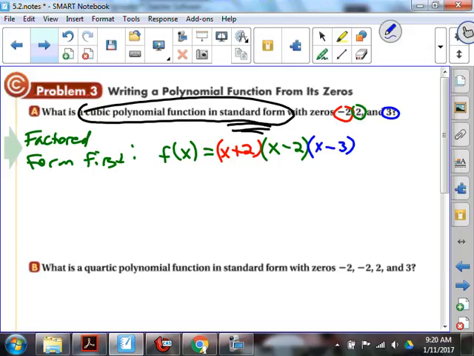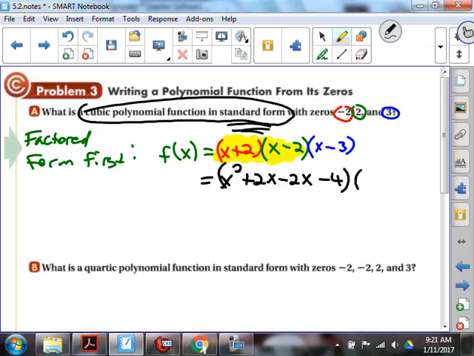So we need to FOIL. I'll be frank with you, even though my name is not Frank. I think it's easier to multiply those two first than it is to multiply those two first. Does anybody understand why? Because they're both 2 and some stuff's going to cancel. So let's go ahead and do that. That's going to be x squared plus 2x minus 2x minus 4.